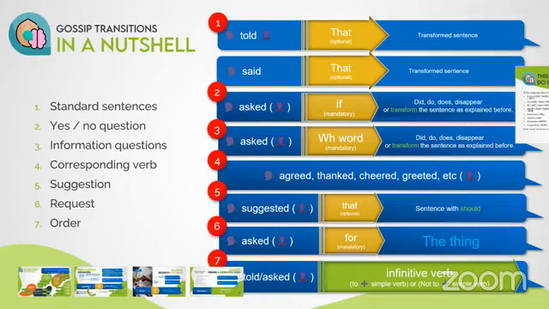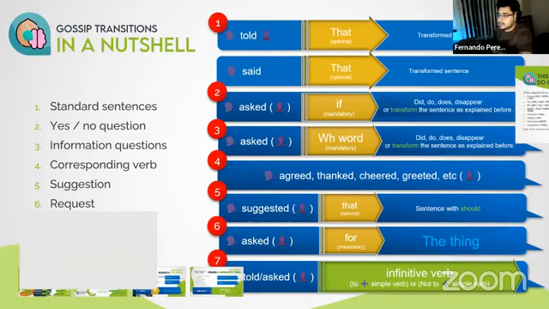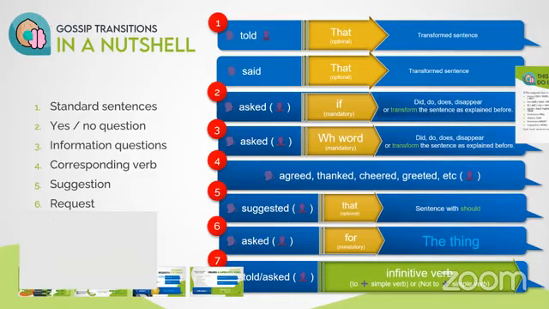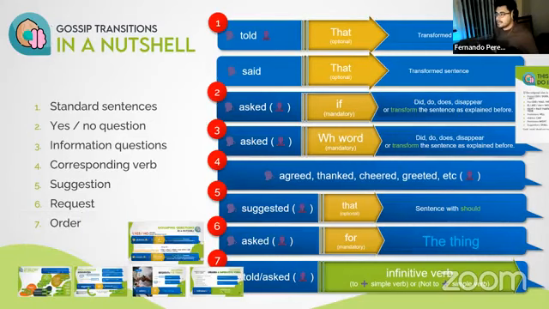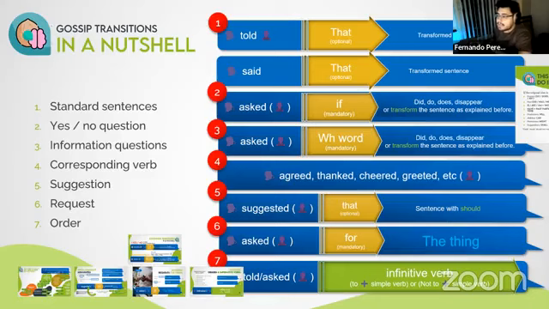Yes. Totally sure. Completely sure. Okay. Let's see. Let me check that because this is very difficult, and it's very important to understand very well. Is this and the gossip transitions? Yes.